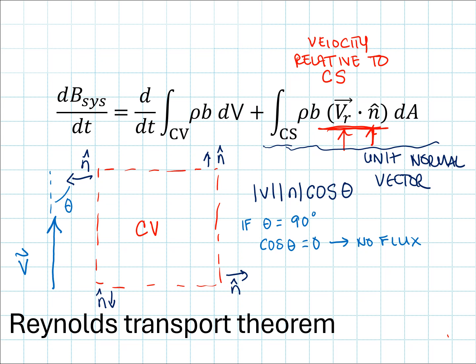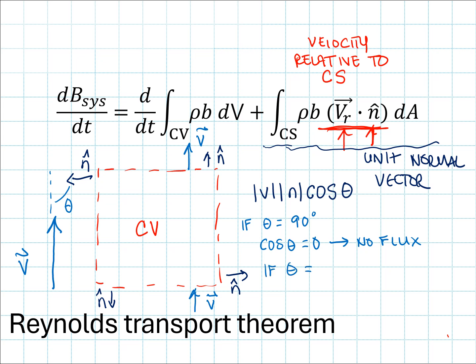Okay, but then when theta is 0, so let's think about the components of that same flow that's moving like this. And then out here, it's coming like that. So on my top boundary up here, the angle between my unit normal vector and my velocity vector is going to be 0.